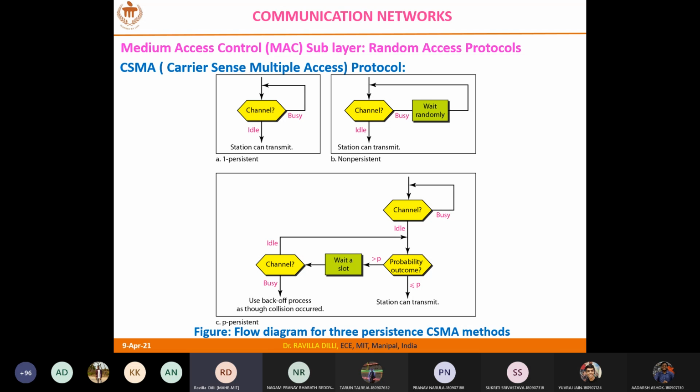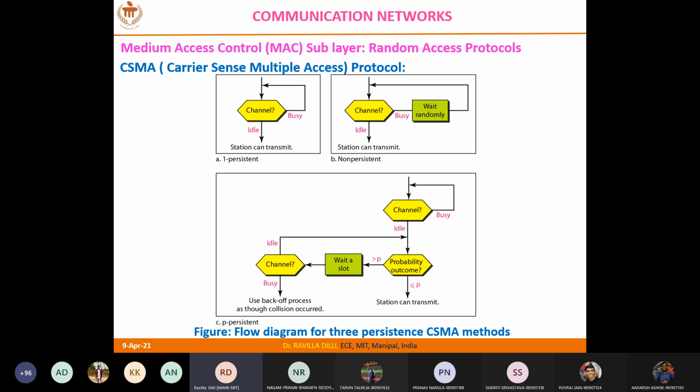If the channel is idle, in the previous two cases, what you are doing? You are transmitting the frame without any ambiguity. But here, even though the channel is idle, I'm not sure that I can transmit the frame. So what I'm doing is choosing the probability.